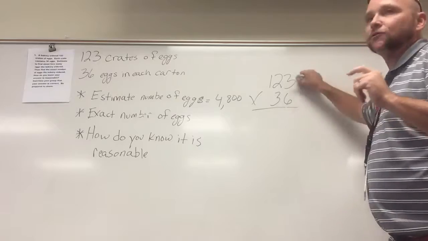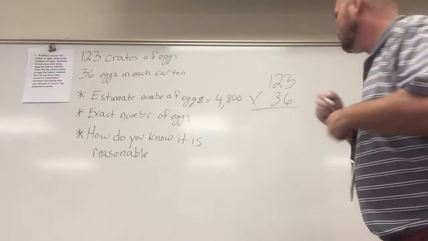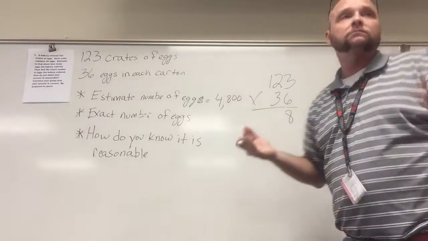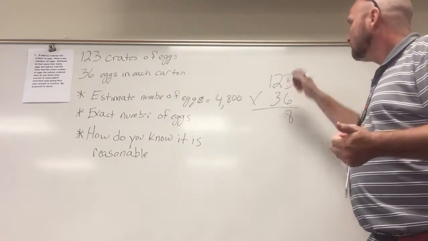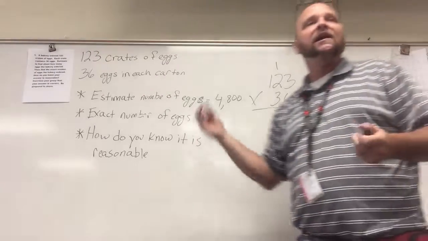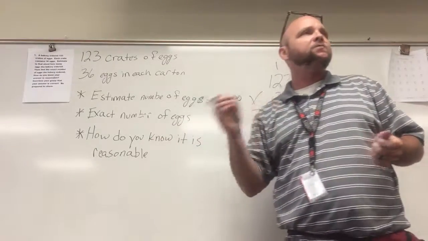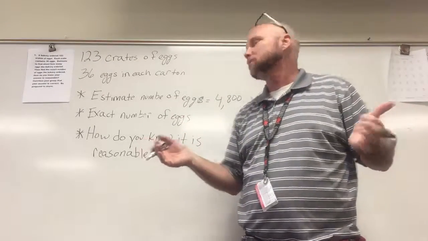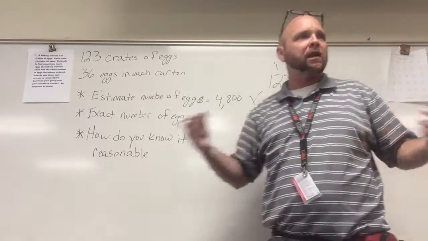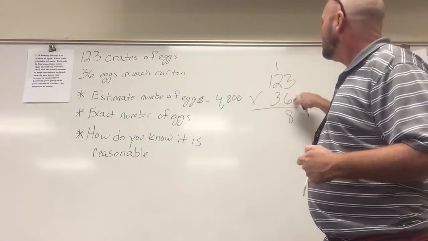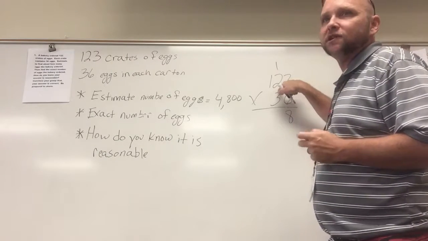What is 6 times 3? 18. If you know that, then you're golden. We have an 8 in the ones place. I carry my tens place. Again, it's just like breaking it up in expanded form. That's why we started with this. 18 is saying 10 plus 8. Now I do 6 times 2, which is 12.